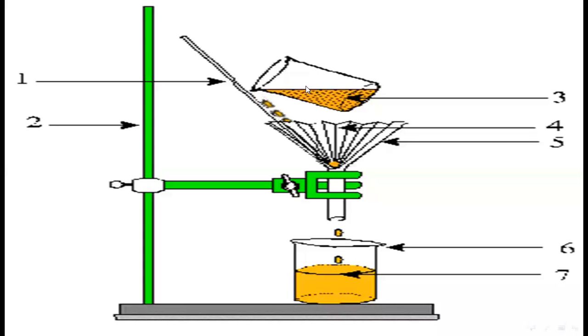Here we see we put a solution of sand and water, or chalk and water, on the filter paper. The liquid easily passes through the filter paper and the solid remains on the filter paper. And here you see the process of sedimentation and decantation. All the heavier particles will settle down after a few minutes.